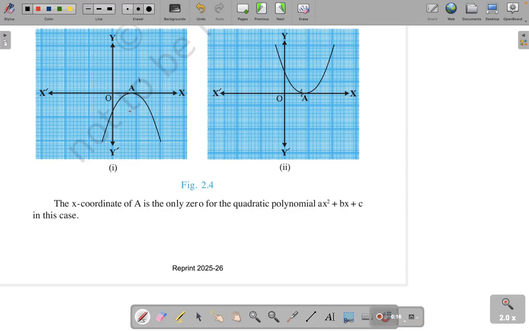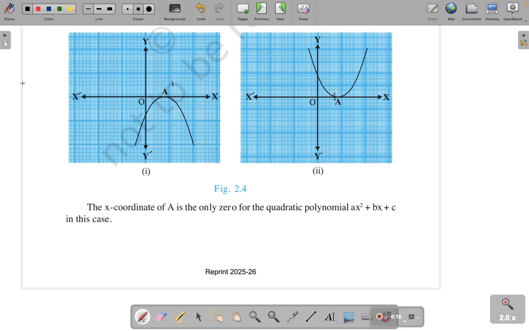Now here, a is less than 0. What is the sign of b and c? So the roots are real and equal.